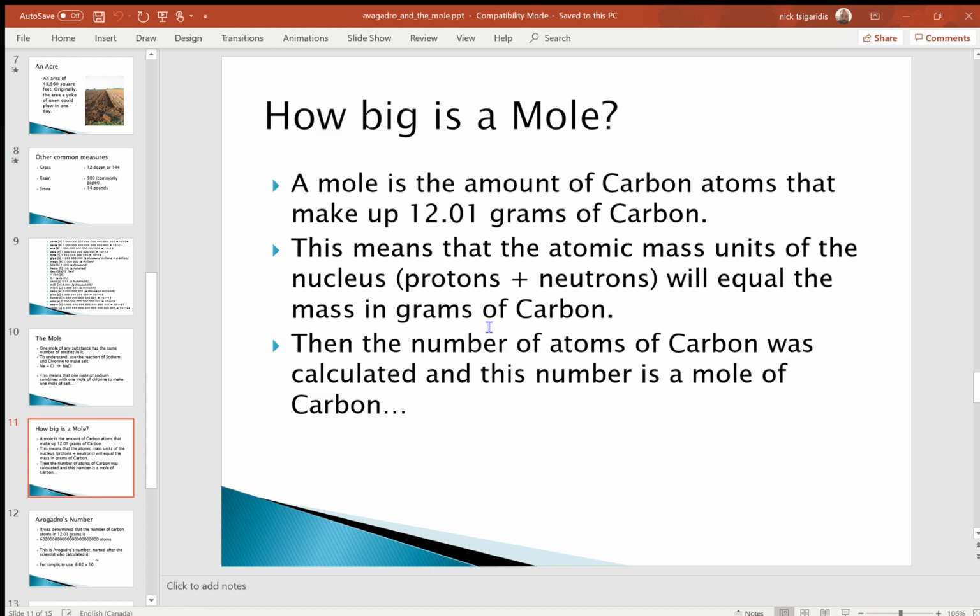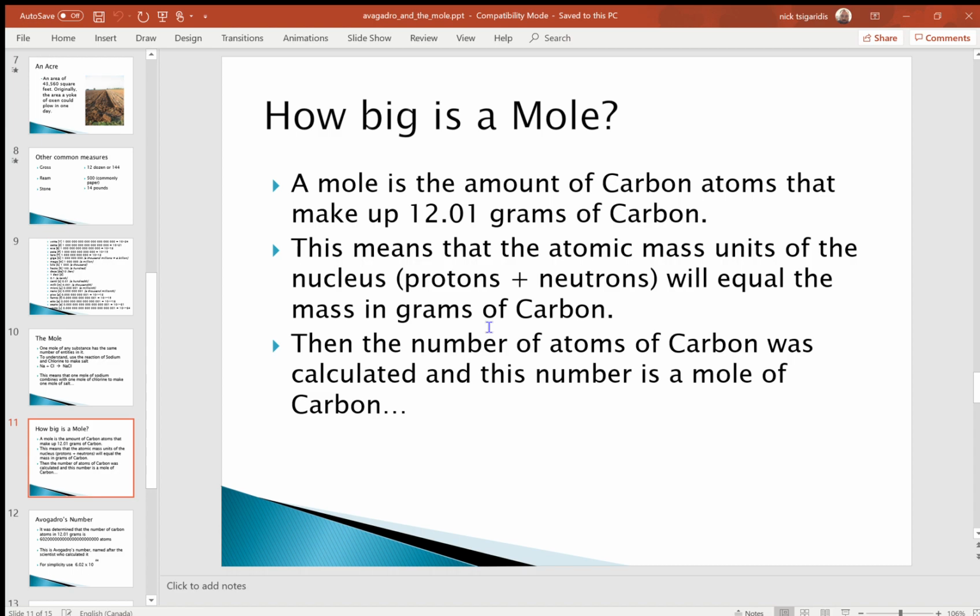Or in other words, it has a mass of 12.01 grams per mole. If I take any other element on the periodic table, let's say hydrogen, and I took a mole of hydrogen, that quantity of atoms, and placed it on a scale, it would weigh 1.01 grams in every mole.